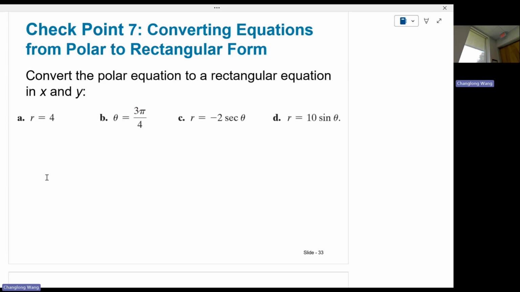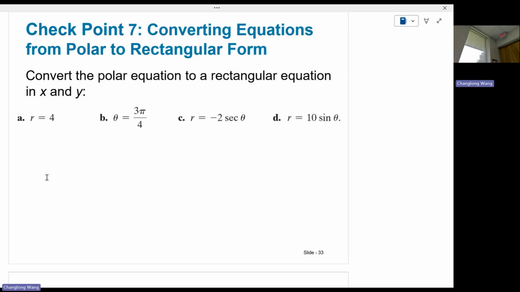When you connect all those points, what's the shape of the graph? A circle with radius 4, and they literally call it r. So that means r equal to 4 is a circle which is centered at the origin, which is the pole, by the way. It's the same thing. With a radius of 4.